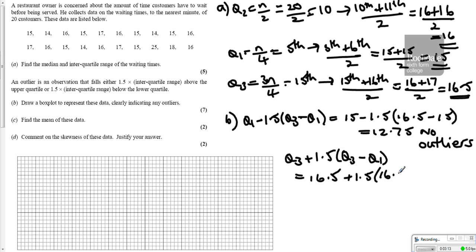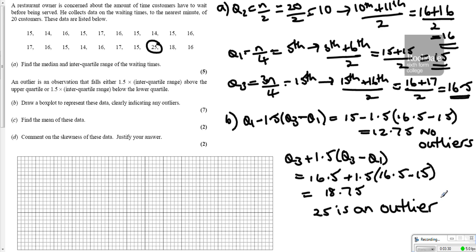So that's 16.5 plus 1.5 times 1.5, and if you work that out, that's 18.75. Have we got any outliers at the upper end? Well, we've got one outlier. 25 is an outlier because it's above the upper outlier boundary.